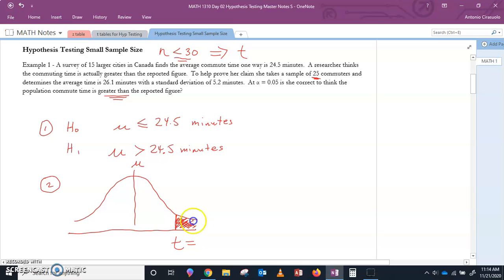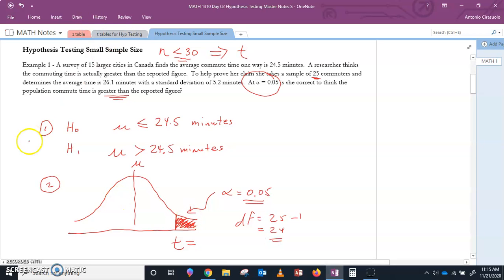Now what this is telling us is that based on the level of significance of 0.05, that's alpha is equal to 0.05, we're going to go to our table, and remember that we're going to look at a one-tail column, and at the 0.05 level of significance with degrees of freedom, 25 minus 1, which is 24.